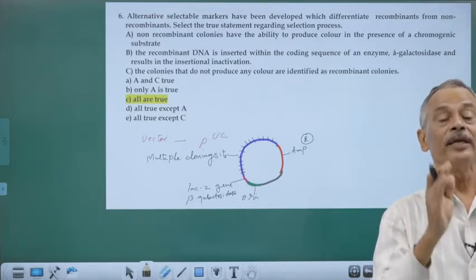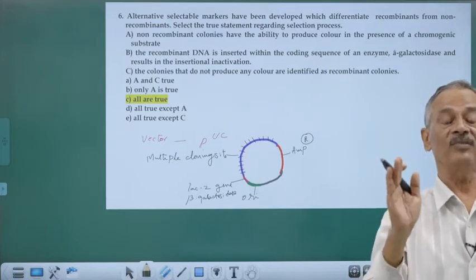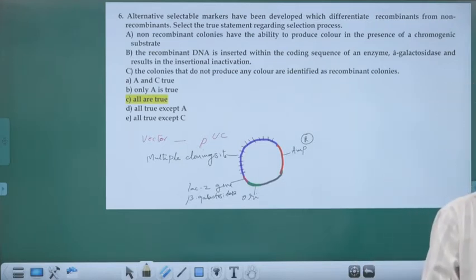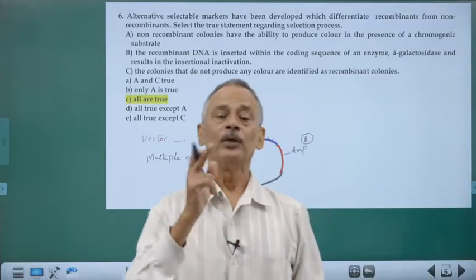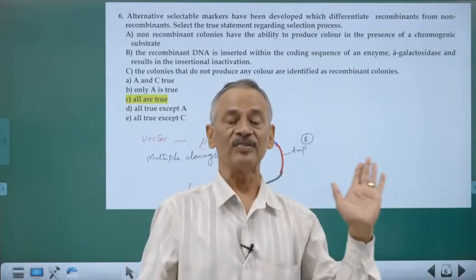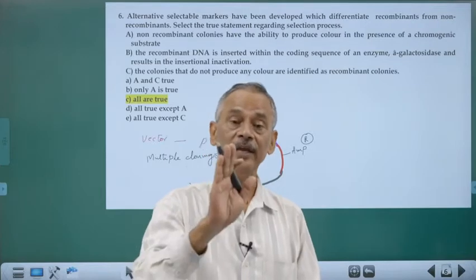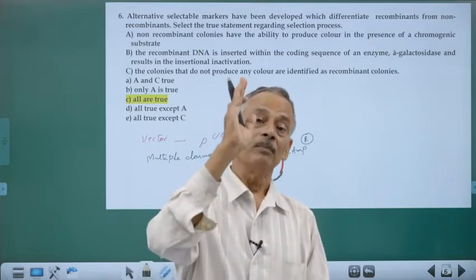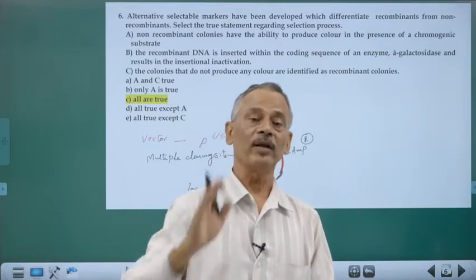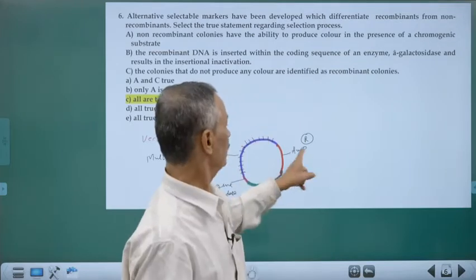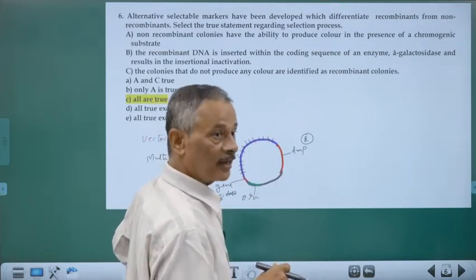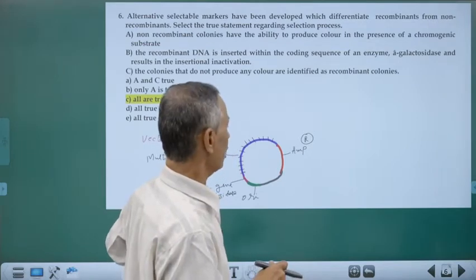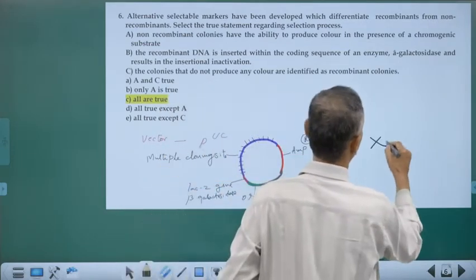Plating in two different media simultaneously is a cumbersome, difficult process. That's why we have developed a new technique, and this has some advantage. We need to culture or plate them only in one culture medium that contains ampicillin and a coloring agent which is called X-gal.